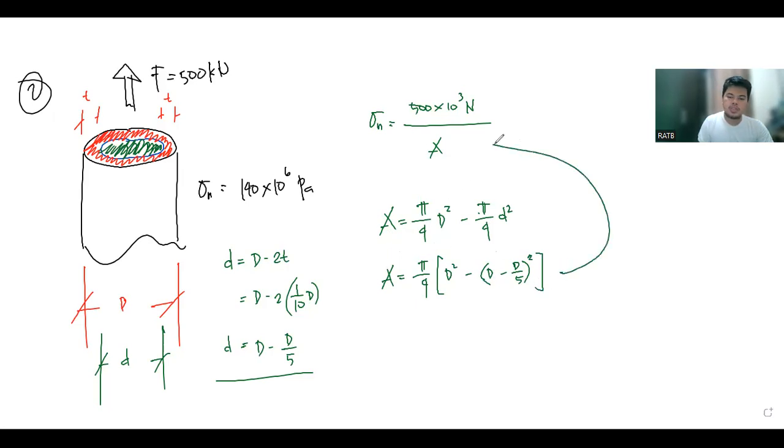If we substitute it here, 140 times 10 to the power of 6 Pascal equals 500 times 10 to the power of 3 Newton divided by the area, pi over 4 multiplied by D squared minus D over 5 squared.